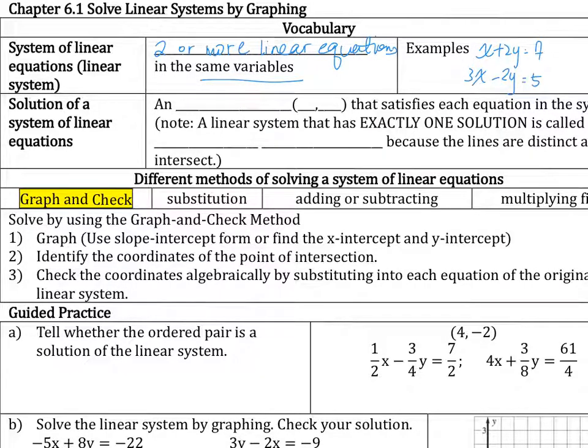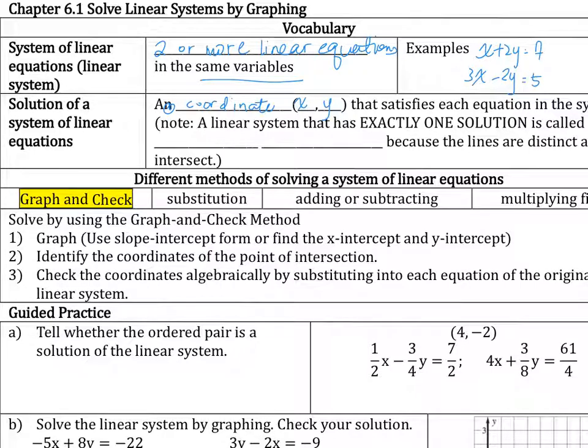And the solution of a system of linear equations would have a coordinate (x, y) that satisfies each equation in the system.